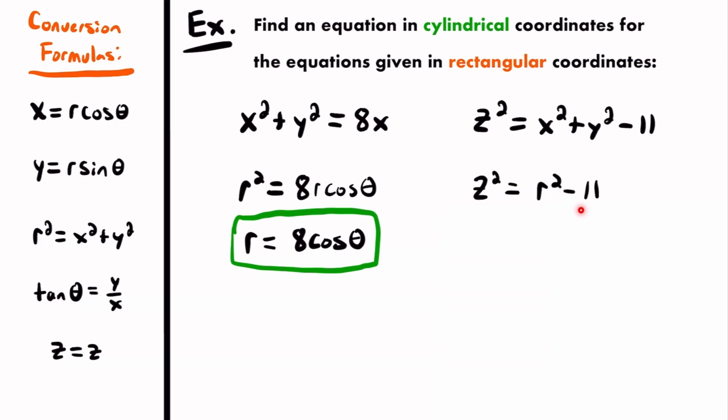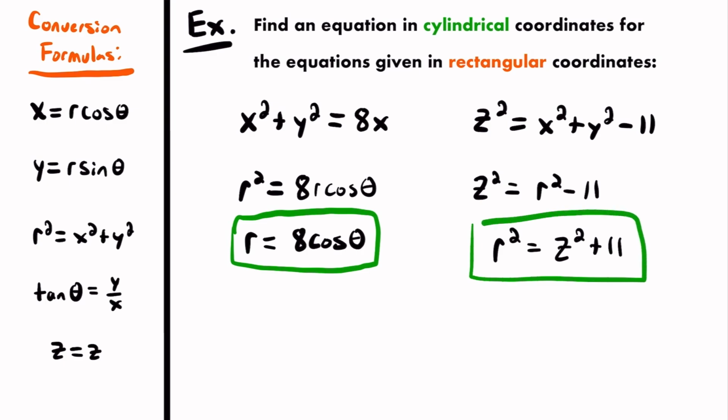So if we add 11 to both sides of the equation, you'll find that r² is equal to z² plus 11. Now, I would recommend you keep it like this. That's typically how you will see an equation like that represented. I suppose you could write r equals the square root of z² plus 11, but generally you just want to leave it as r² if you can't reduce it by a factor of r like we could in this case. Alright, leaving it like this is totally fine.